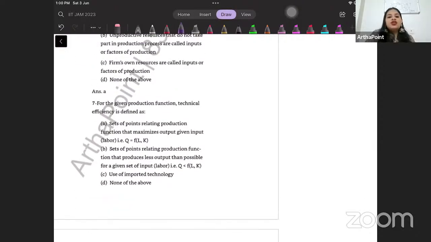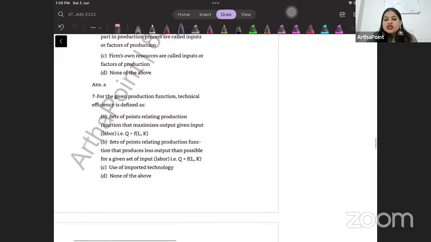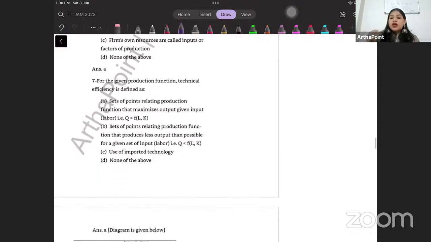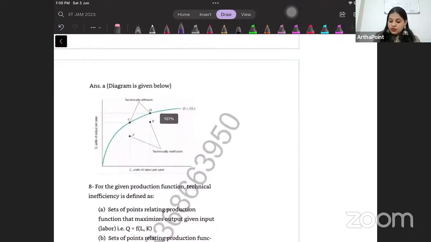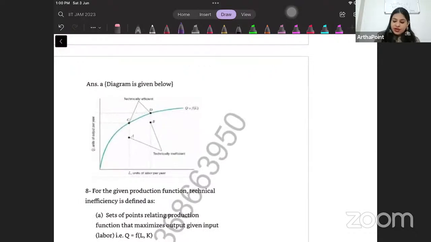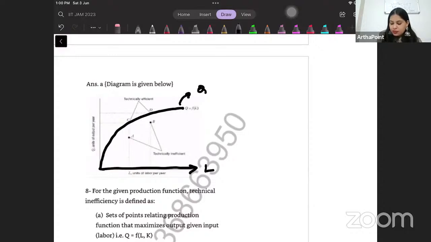For the given production function, technical efficiency is defined as. We need to understand a little what technical efficiency is. Technical efficiency comes when we have a diagram like this. Look here. Let me just zoom this for you a bit. Beta, this is our production function, output. This is labor, this is quantity.